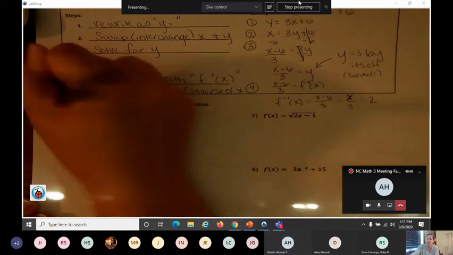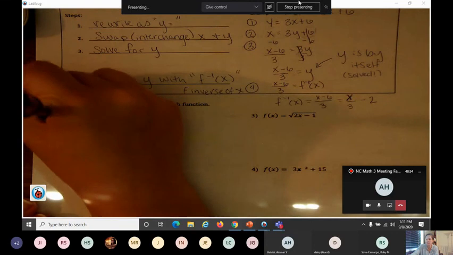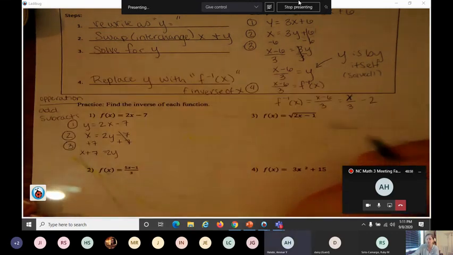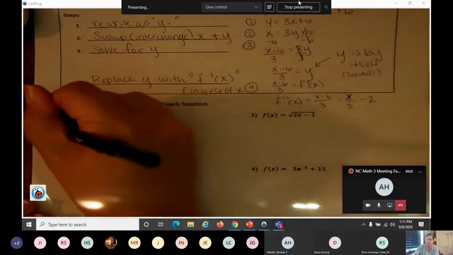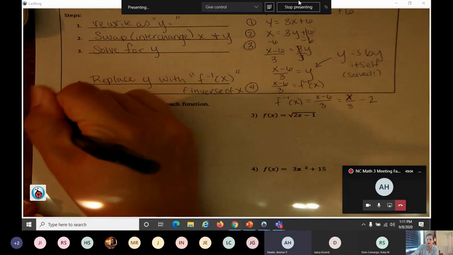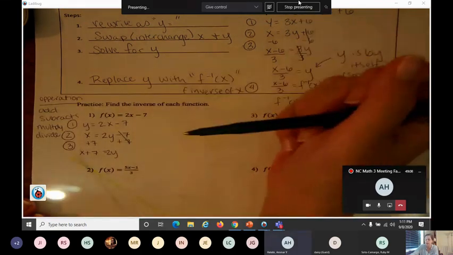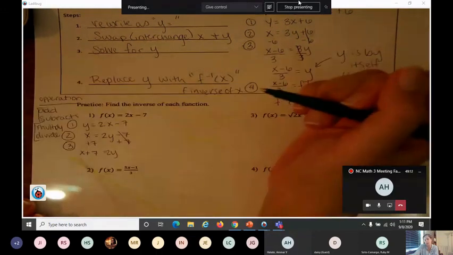Okay, so I have operations. I have adding and subtracting, those are opposites. Then we have multiply and divide, and these are opposites. Okay, so these two are opposites and these two are opposites.